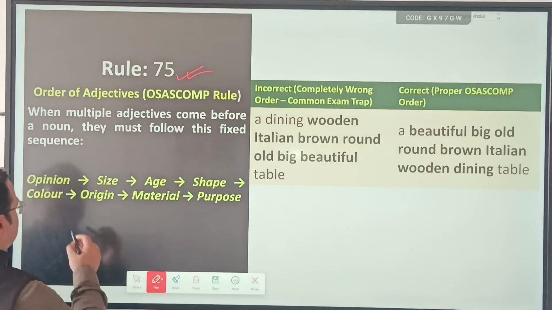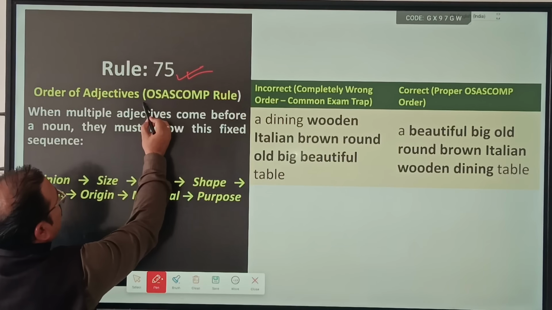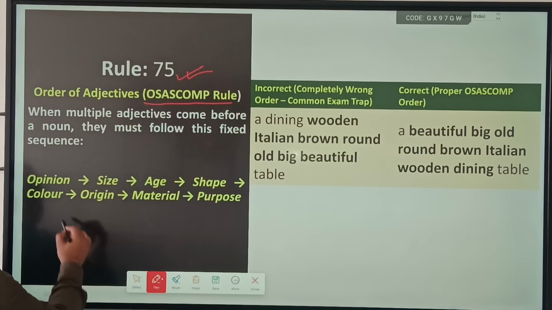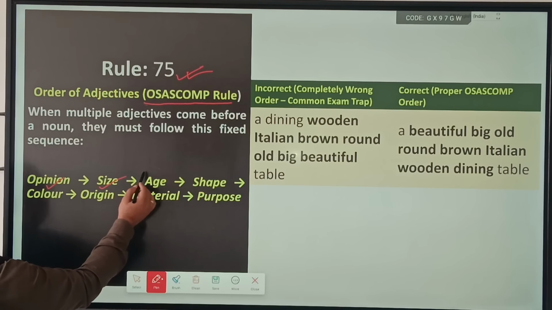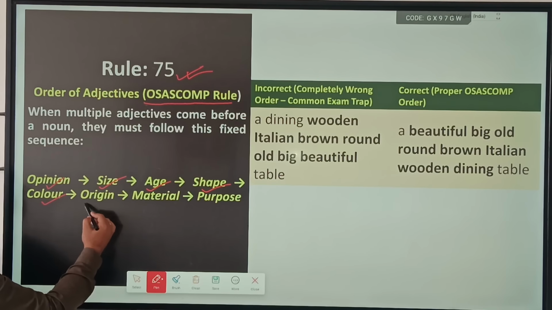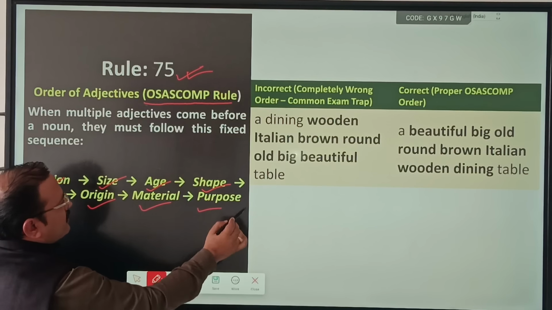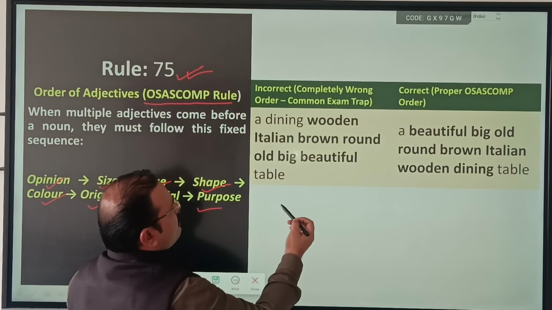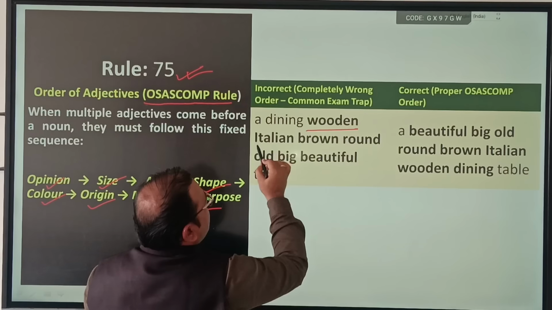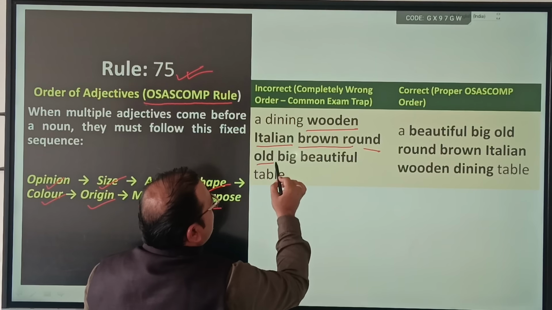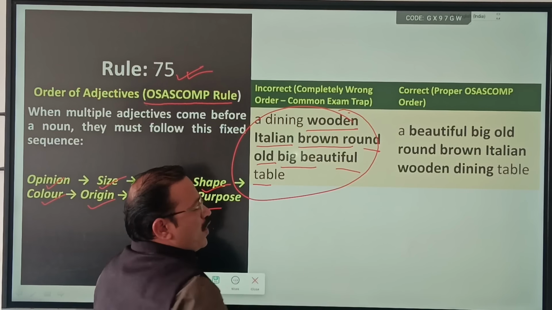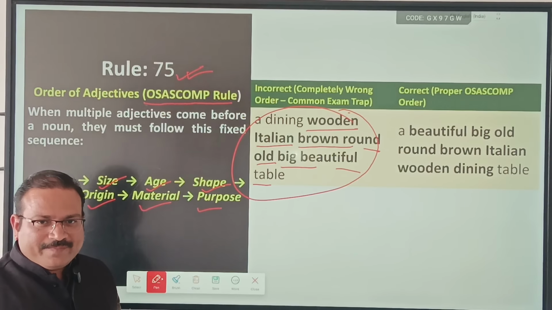Let us understand this. First, remember this OSAS comp rule. OSAS comp rule means O for opinion, S for size, A for age, S for shape, color, origin, material, purpose. Simple example you see. A dining wooden Italian brown round old big beautiful table. These many adjectives are used in one single sentence.